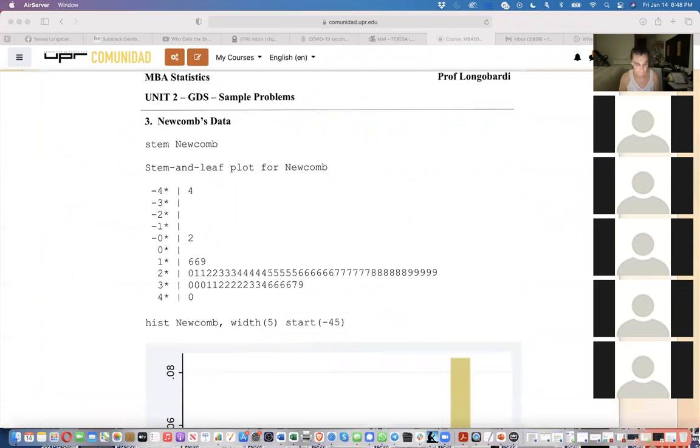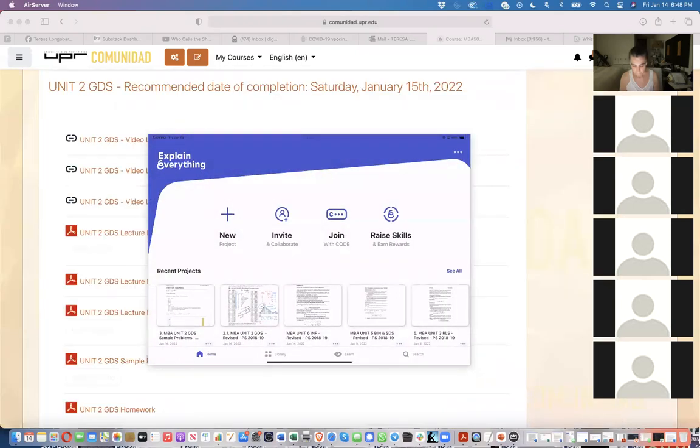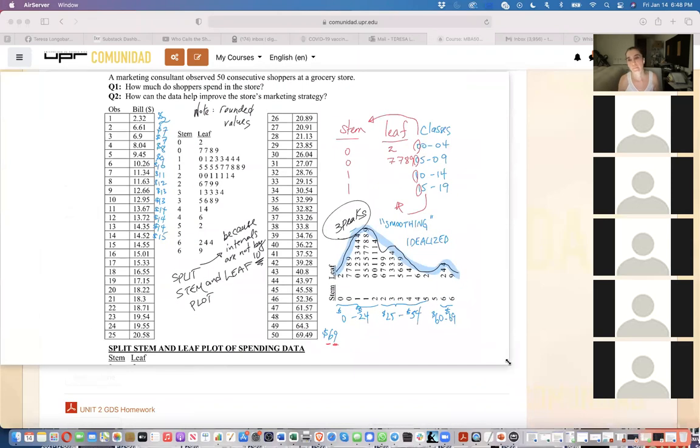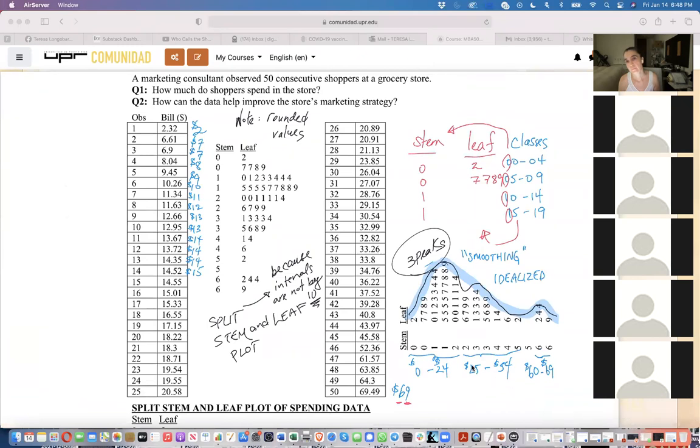In the last graph? You mean here? Yes, all of these. I don't understand where you find those intervals 0 to 24, 25 to 54, 60 to 69.